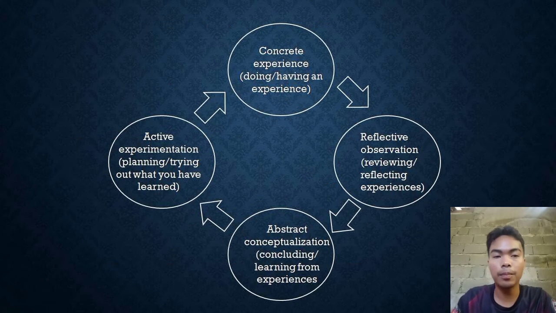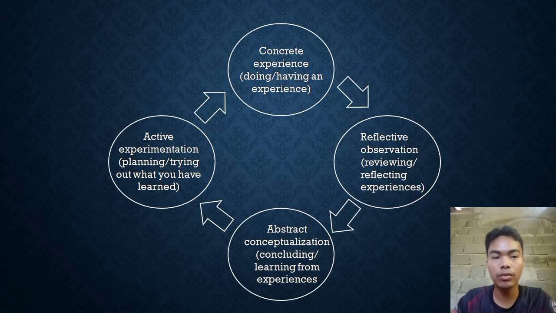The first stage that David Kolb presented is what he called the concrete experience. This means having an experience or doing the experience for us to learn from it. The second one is what we call the reflective observation.